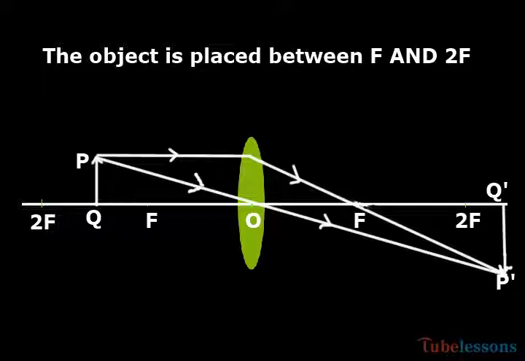Similarly, a beam of light parallel to the principal axis, this is PN, and after getting refraction, it converges at P dash, and a ray of light PO passing through the optical center also converges at a point P dash. The two rays converge at a point P dash. And now in the same way all rays converge and P dash Q dash is the image formed by the convex lens.